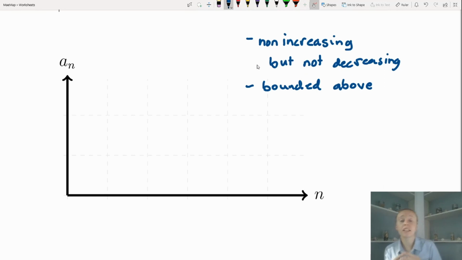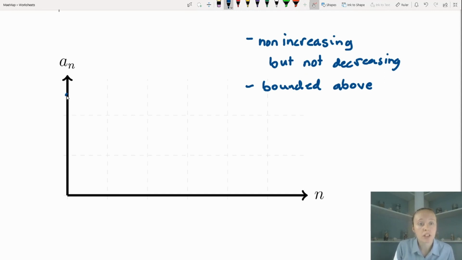In order to be non-increasing, that means that a sub n plus 1 is always less than or equal to a sub n. But if we're not decreasing, that means that a sub n plus 1 is not strictly less than a sub n. So we're really going to focus on that fact that a sub n plus 1 can be less than or equal to a sub n.